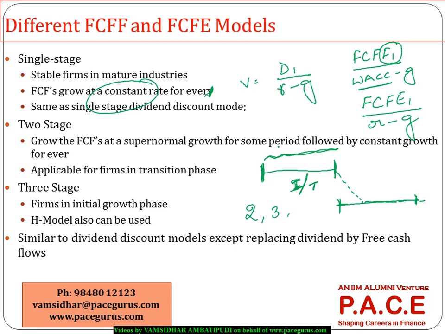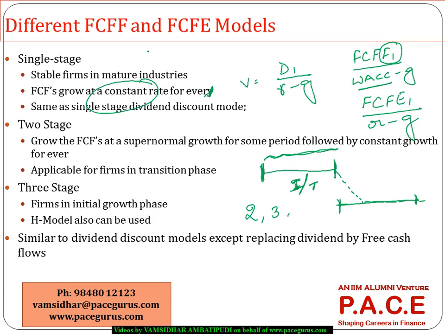each of the year's free cash flows to the present value using either the WACC, weighted average cost of capital, or the required rate of return on equity. I discount with either of them depending on whether I am using FCFFs or FCFEs. Find out the present value and associate it as the value of the firm or value of the equity. And of course, we know the way we compute the weighted average cost of capital is nothing but weightage of debt into cost of debt.